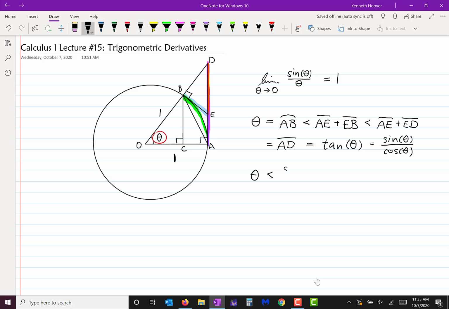Theta is less than sine of theta over cosine of theta, which means cosine of theta is less than sine of theta over theta. Correct?